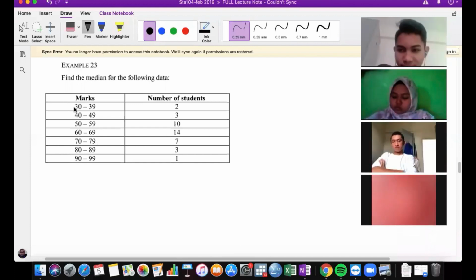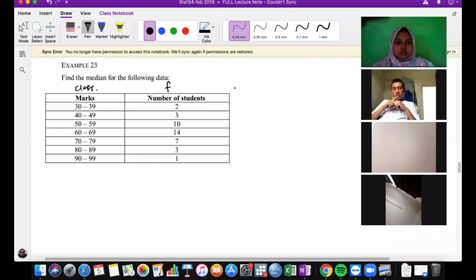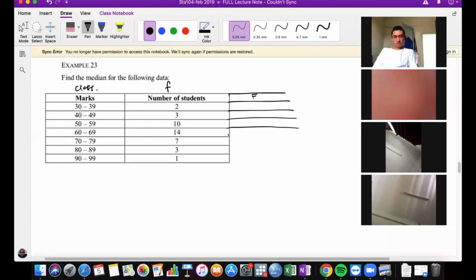From 30 to 39, 40 to 49, and so on. This is your F and this is your class. So the first step to find the median is to create a cumulative frequency table. We need to create another column on the right hand side.